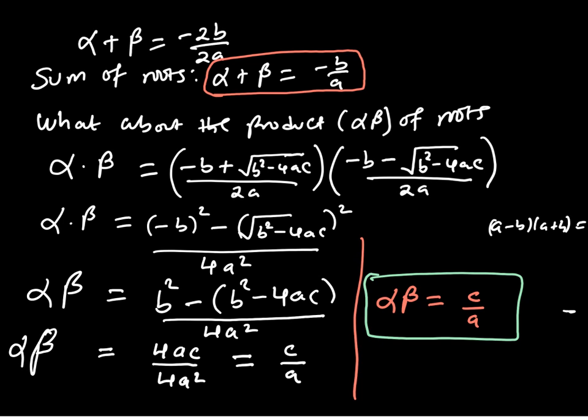Remember our sum here, alpha plus beta, is minus b over a, and now the product is giving us alpha beta is equal to c over a. Now, these two results are important when we are dealing with quadratic equations. Let's see how they're important.